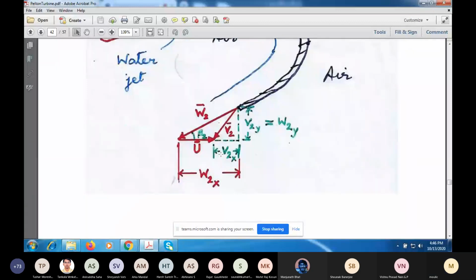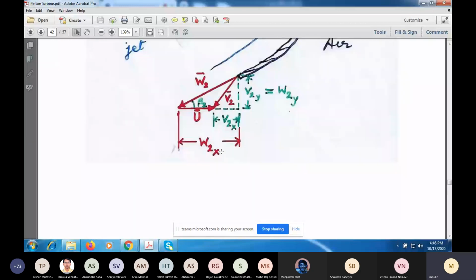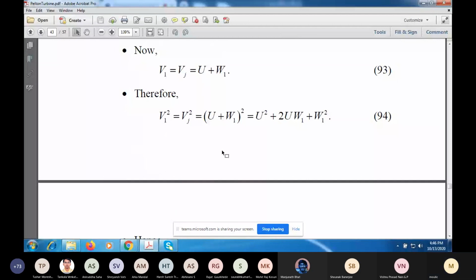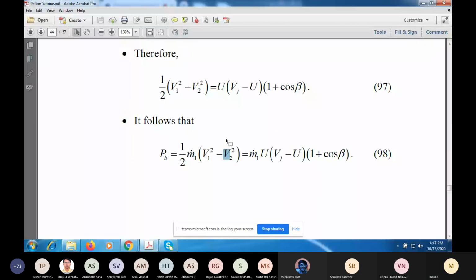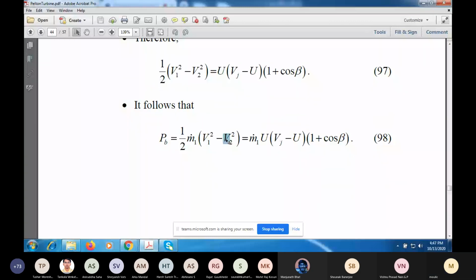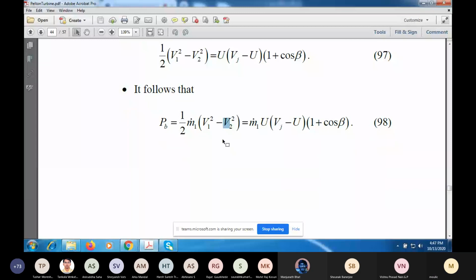So you have an upper bound on the energy conversion. That is, the maximum PB that you can get is half m1 dot into Vj squared. The actual thing that you get, due to the constraint that beta 2 cannot be 0, is going to be less than that.